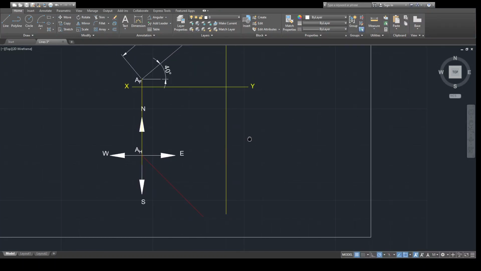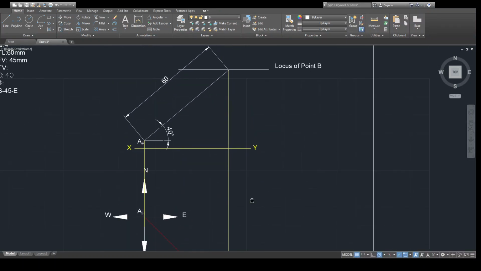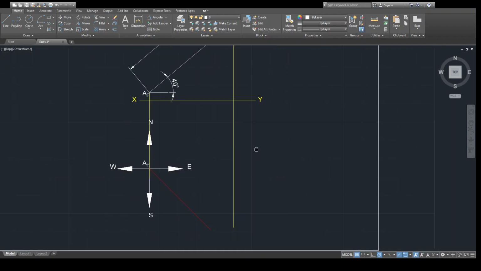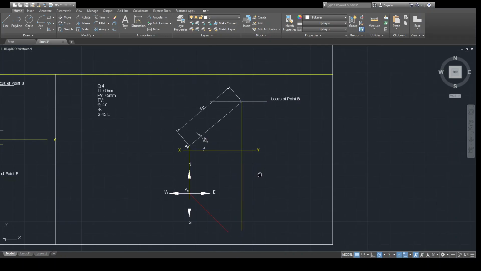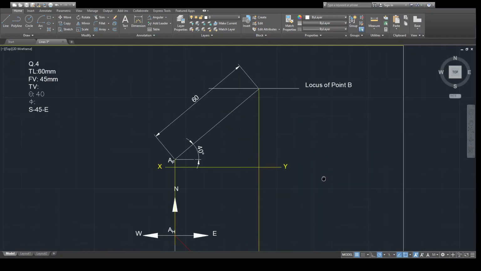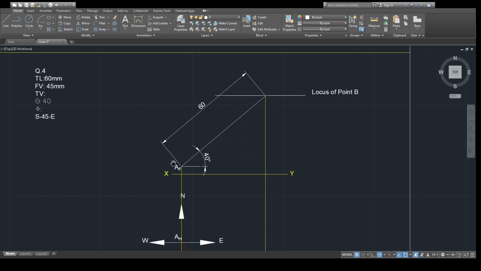Still, in the case of top view we don't have the locus of point B. But we know that the front view is 45 mm. Front view 45. We have the locus of point F, we have the locus of point B, which means we know that over this line only point BF lies. So this point I will call point B.